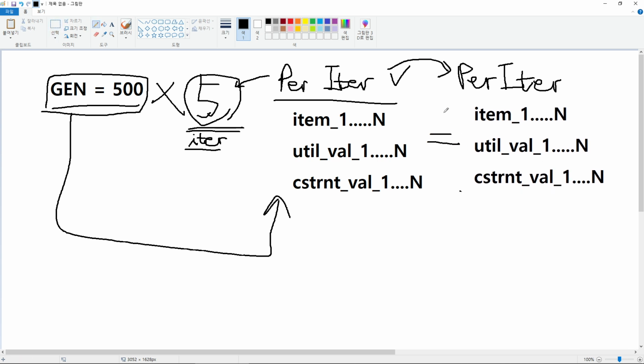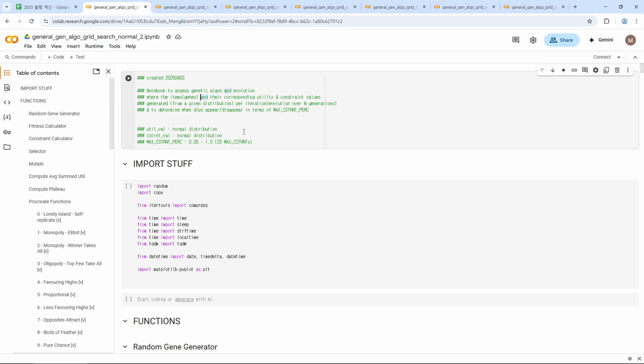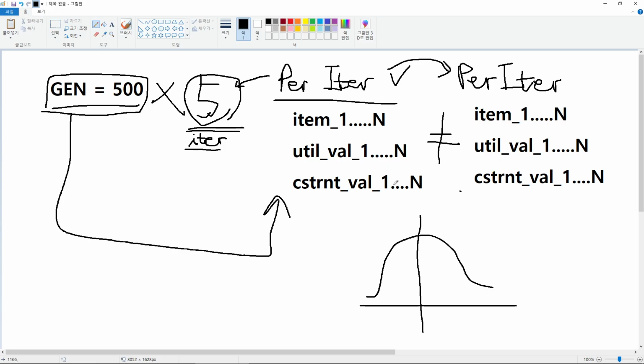These two sets of three kinds of values are not the same. Granted, they will be generated from the same distribution per notebook. For example, in this notebook, they will all be sampled from a normal distribution separately.